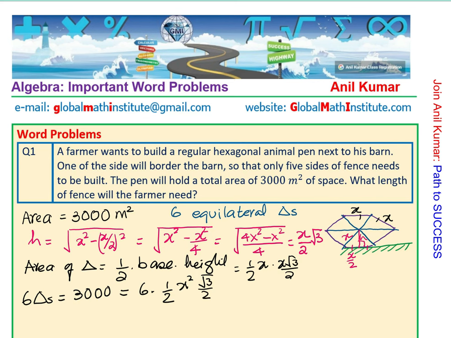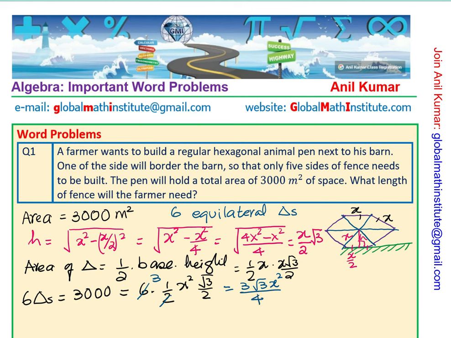We can now solve this equation. So this cancels with 3. Let me do it in two steps. Let me write this as 3 square root 3 x square over 2. Makes sense?